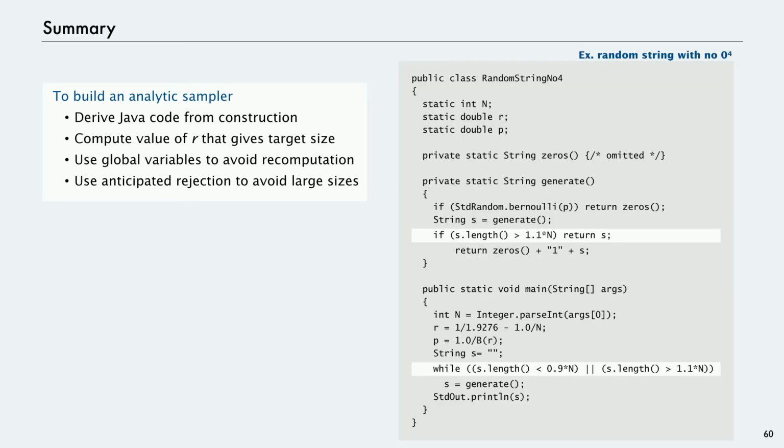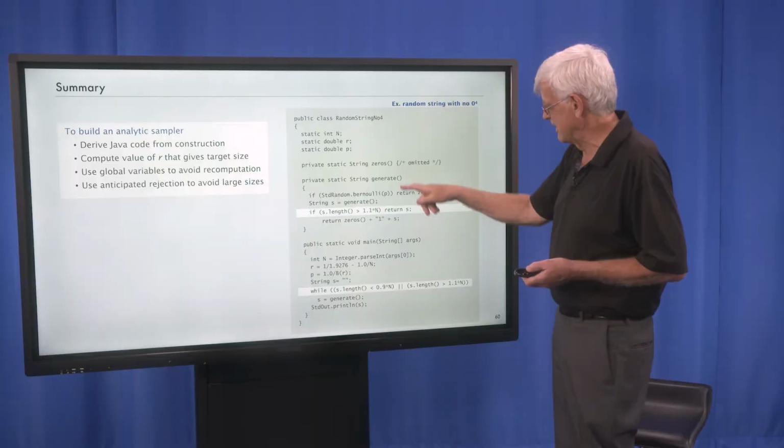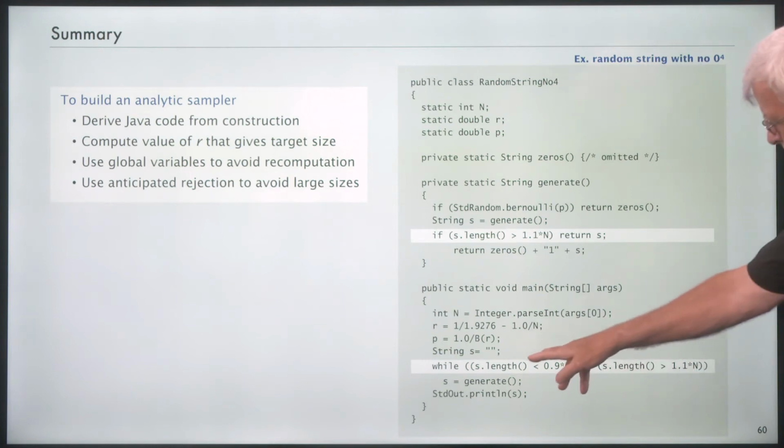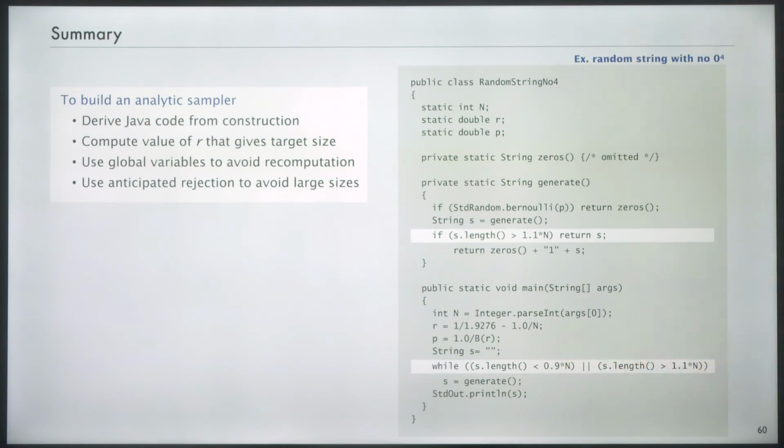So this is our full sampler for generating random strings with no occurrence of 4 zeros. And in the recursive routine, we test if the string is getting too big. And in the initial call, while we're waiting for the target size, we test whether we're within 10% of the size that we need.